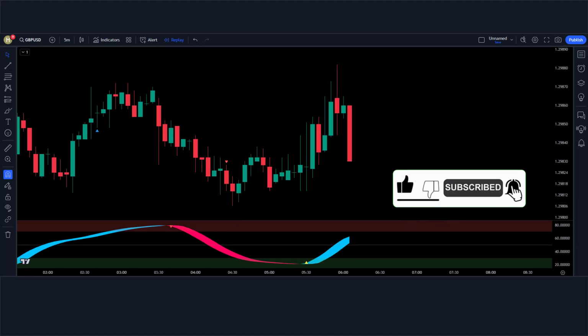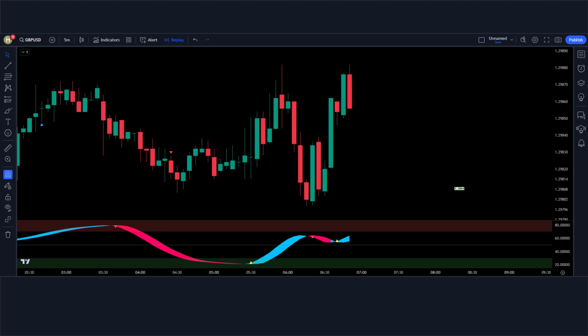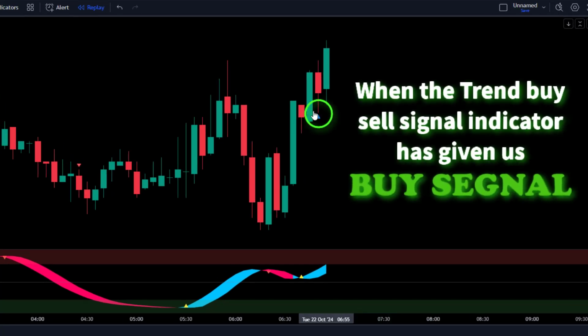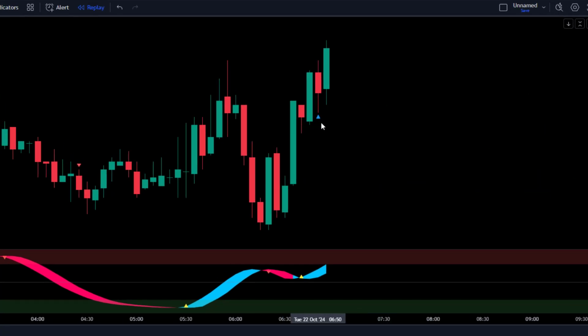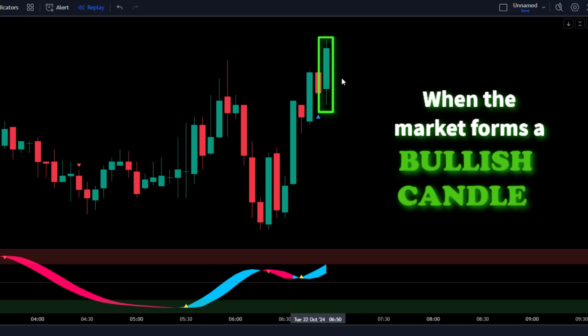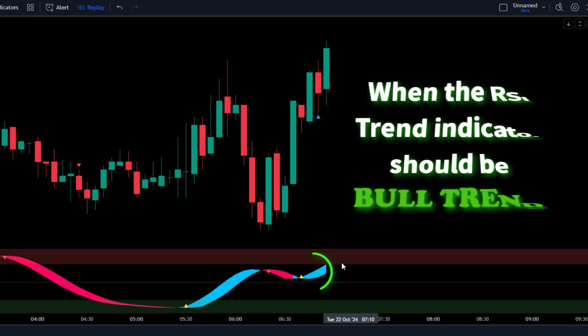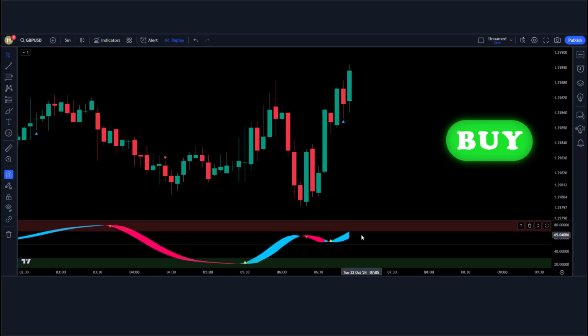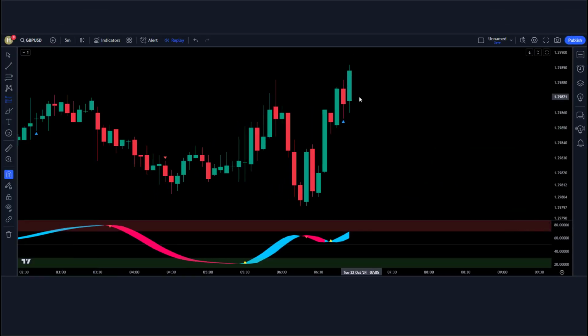Now, let's understand the concept where we will take buy and sell trades based on their conditions. When the trend buy sell signal indicator has given us buy signals. When the market forms a bullish candle. When the RSI trend indicator should be bull trend. If this condition is fulfilled, then we will place buy order.